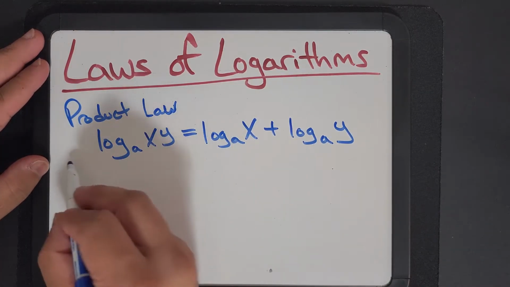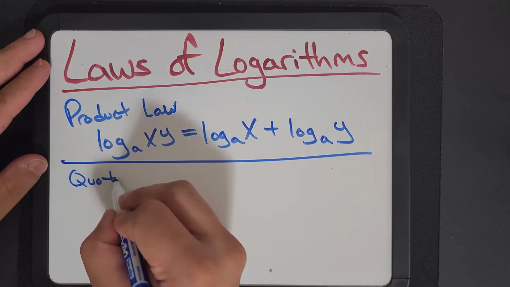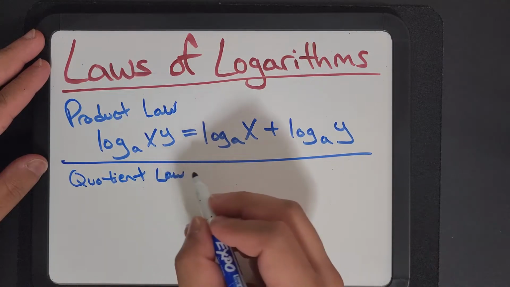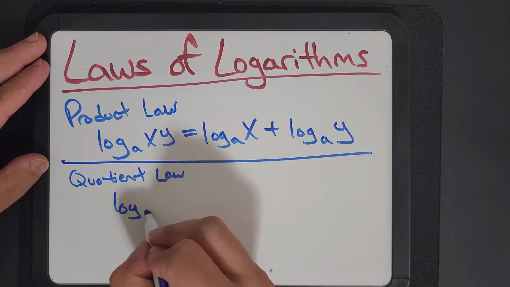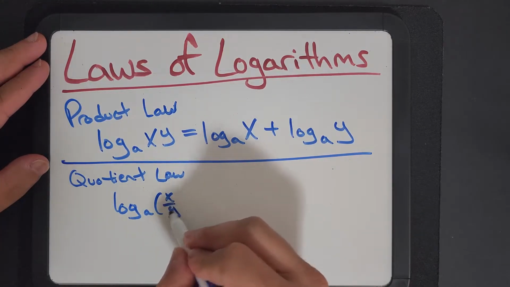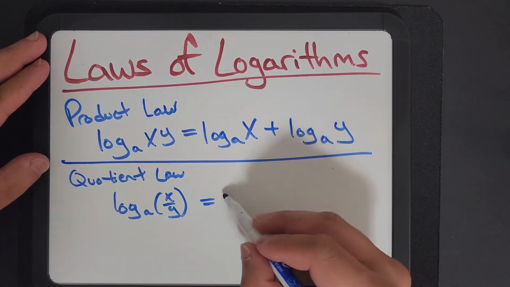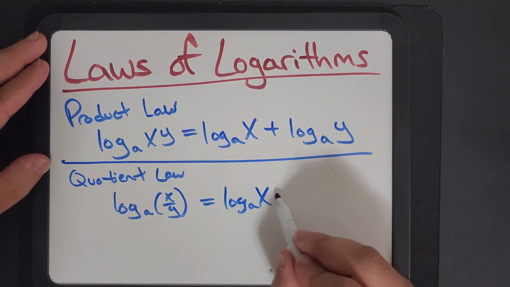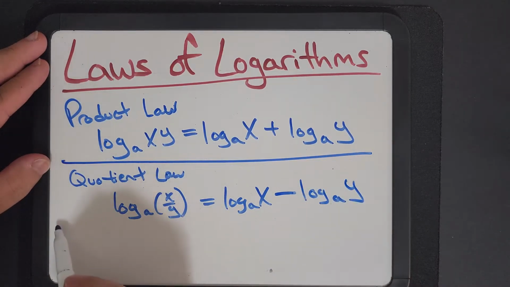Similarly, we also have a quotient law. So if you have a log with the base a and you have x over y, that is also the same as saying log base a of x minus log base a of y.